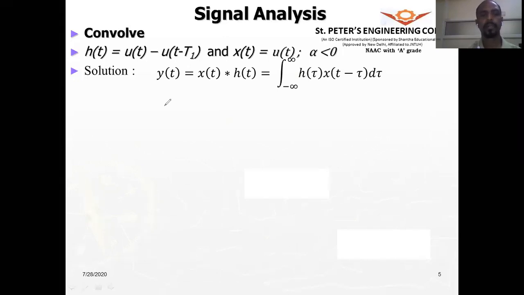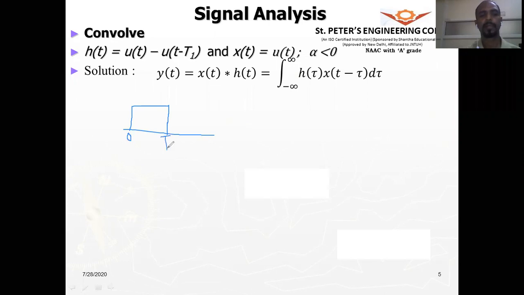So this is 0 and this is t1. The signal u of t minus u of t minus 1 will start at 0 and end at t1. So it's a finite signal. It is not an infinite signal that goes on up to infinity.